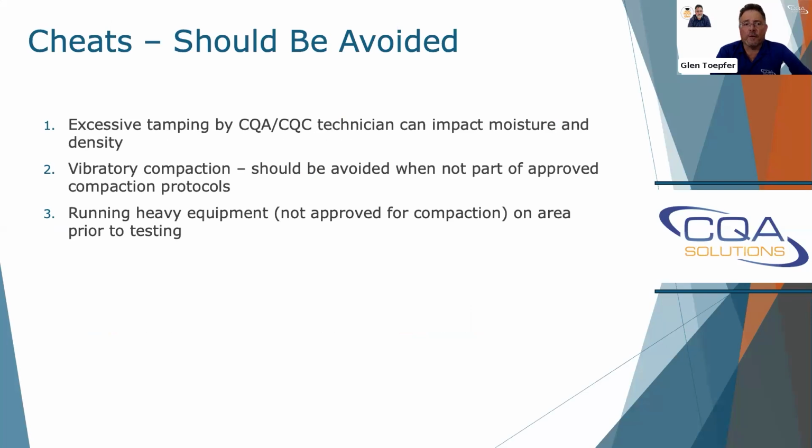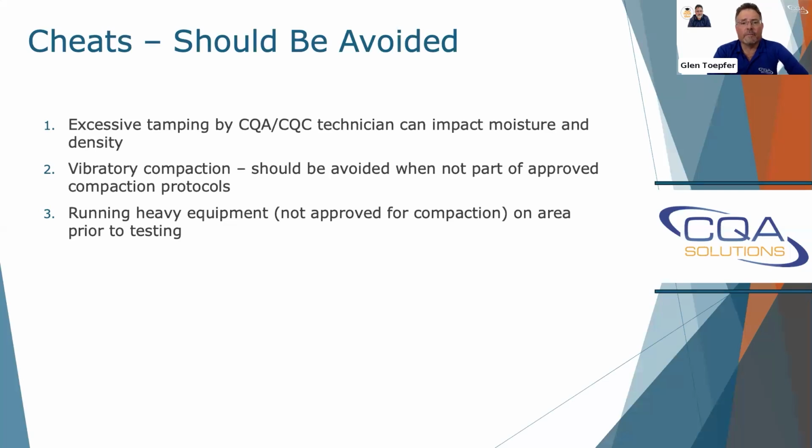Some of the cheats, I call them cheats, are things that can impact the overall quality of the test, give you faulty results that you shouldn't be getting. And I think these three here are some of the biggest ones I see. Tamping: sometimes technicians have tampers to help level off an area, but you'll see technicians go crazy with a tamper and you either increase the compaction, increase the moisture, or both.